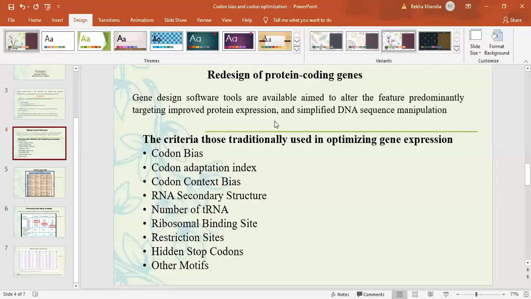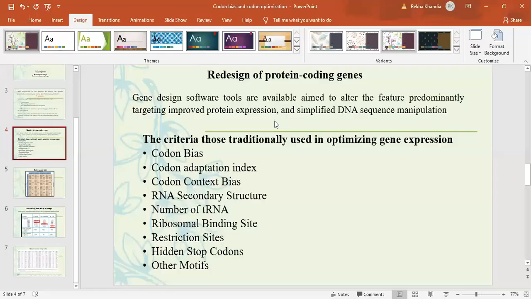Then the next criterion is RNA secondary structure. As we all know, there are two methods of termination of transcription. One is Rho dependent termination, and the second one is Rho independent termination. For Rho independent termination, RNA secondary structure, a stem loop like structure, plays a very significant role in terminating the process of transcription.